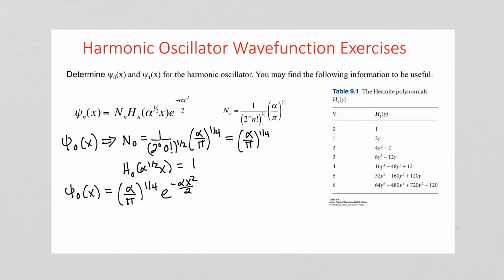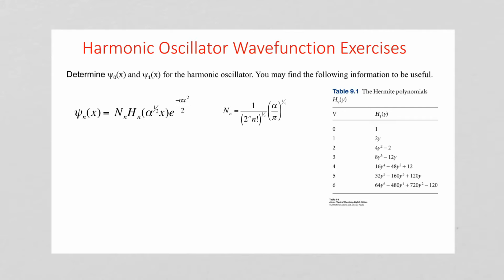So the final equation for our n equals 0 harmonic oscillator wave function is alpha over pi to the 1/4 times e to the minus alpha x squared over 2. So there's our final version for psi 0.